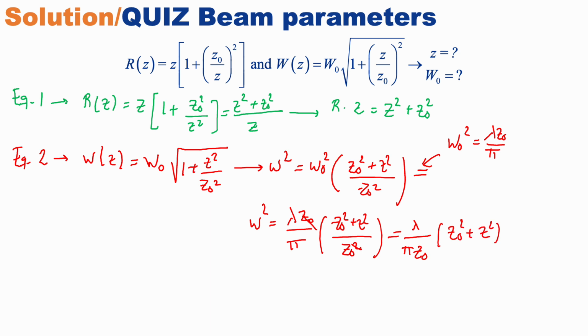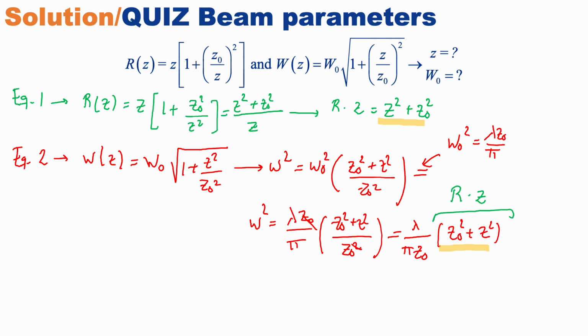And I want you to pay attention to this part because these two are the same. So I can write this part, combining it with equation number 1, as the curvature multiplied by the distance.